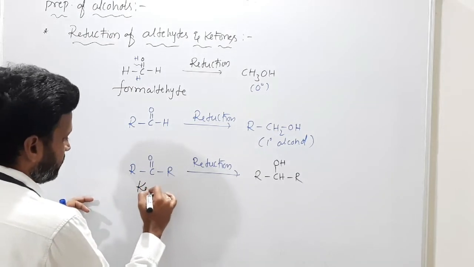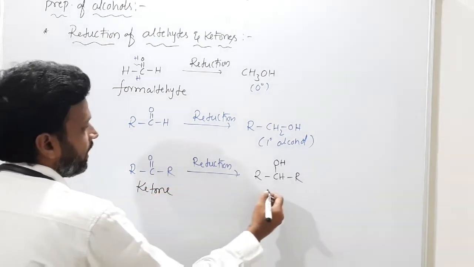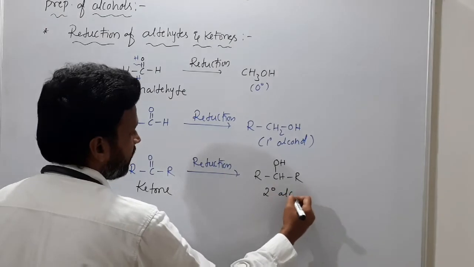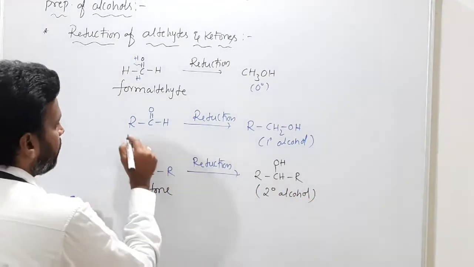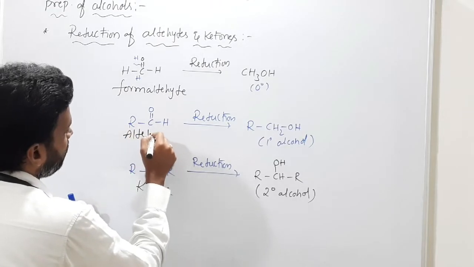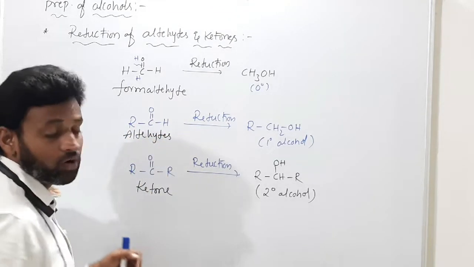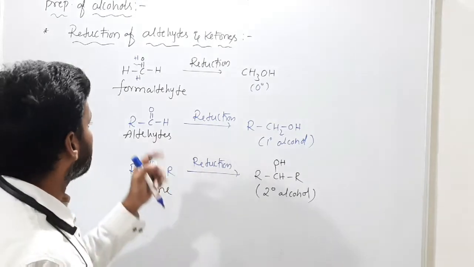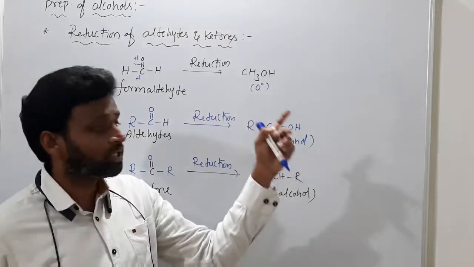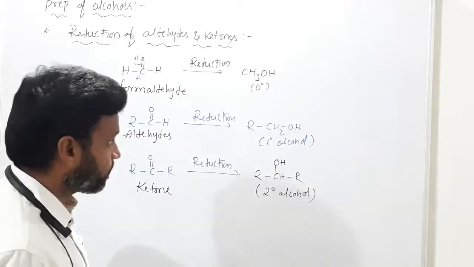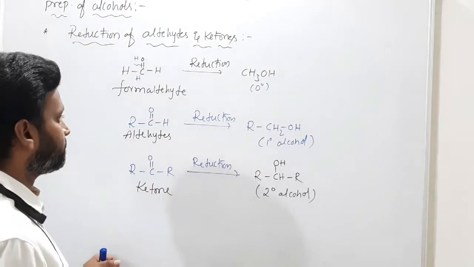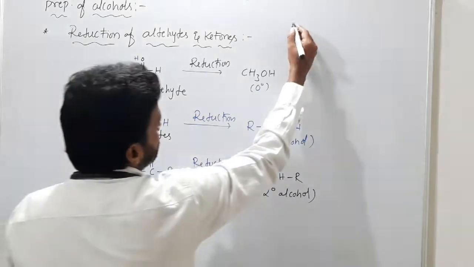This is ketone, and it gives secondary alcohol. Ketones on reduction, secondary alcohol. Aldehydes on reduction, primary alcohols. Formaldehyde on reduction, you are having methanol. Difference understood?